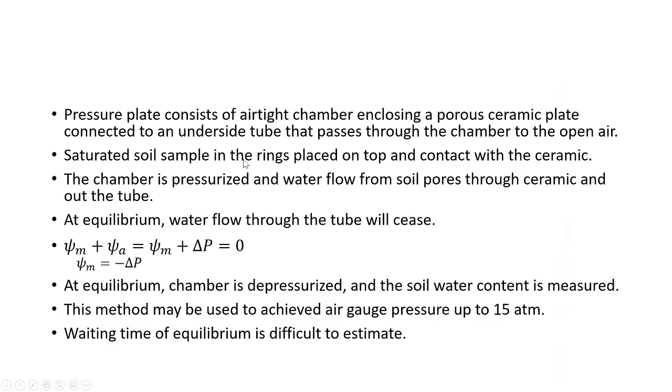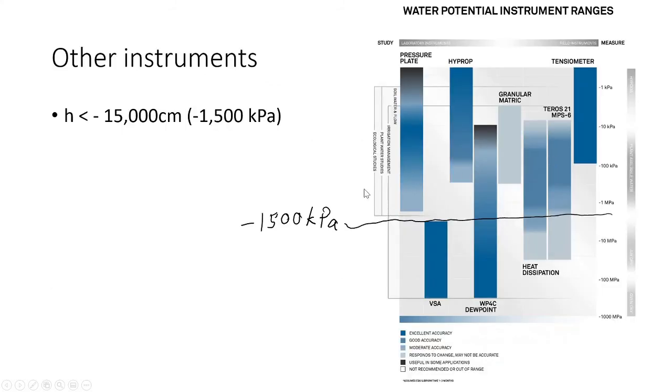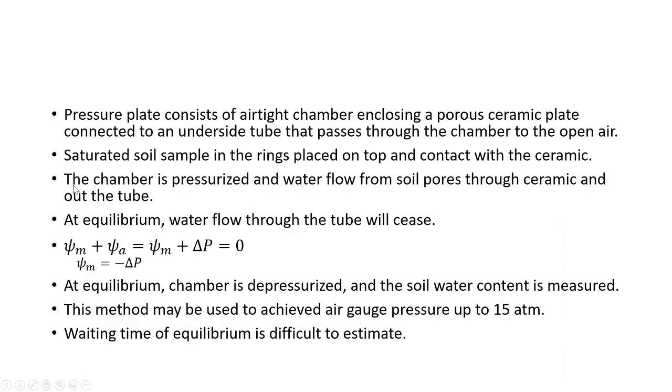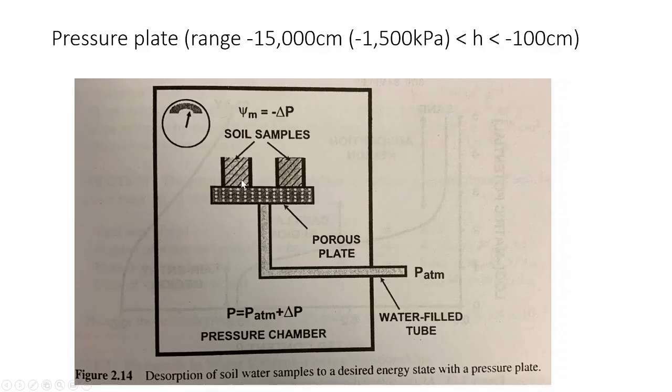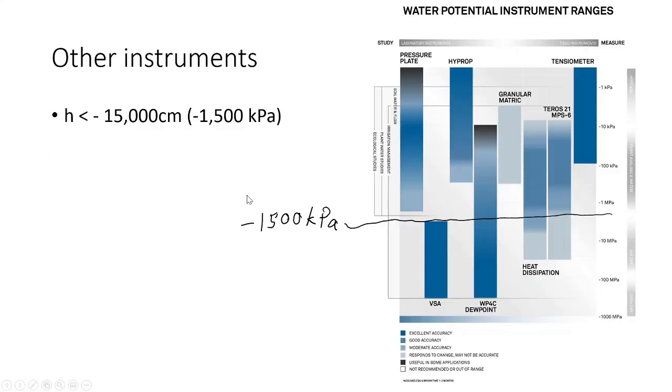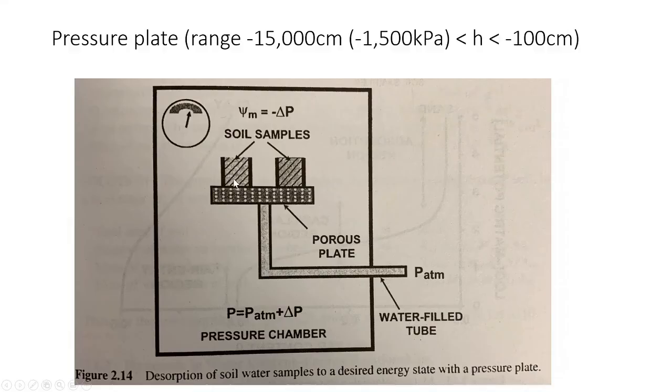The saturated soil sample in the ring is placed on top and in contact with the ceramic. Here is the ceramic, and this is the chamber, which is pressurized. As the chamber pressure increases, the water flows from the soil pores through the ceramic and out of the tube.